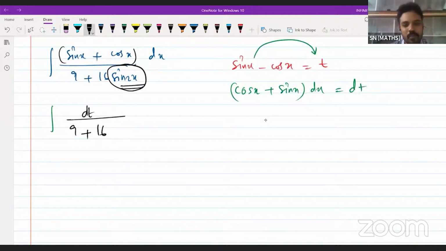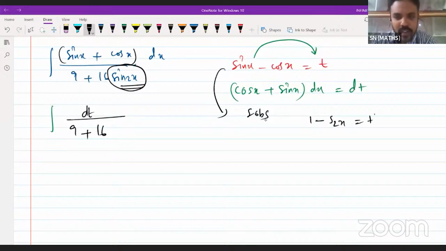That's the logic. For this, just square on both sides. If you square both sides, sin square x plus cos square x is 1, minus 2 sin x cos x. What is 2 sin x cos x? Sin 2x. So that equals t square.